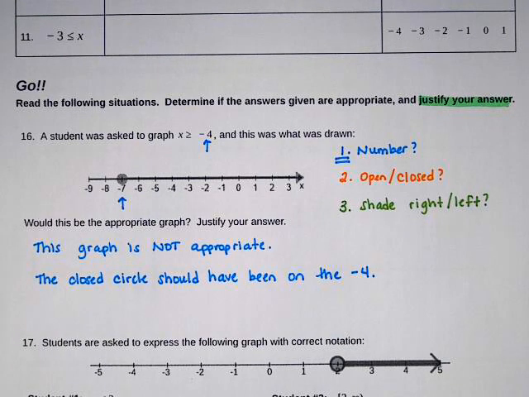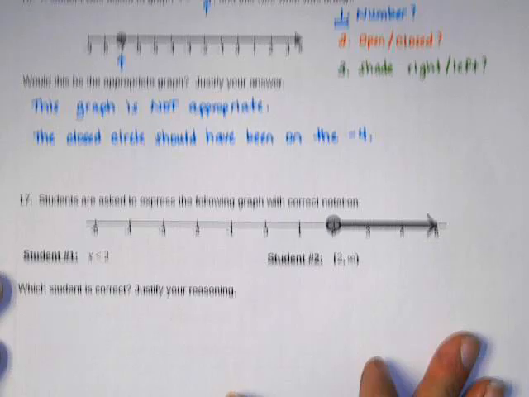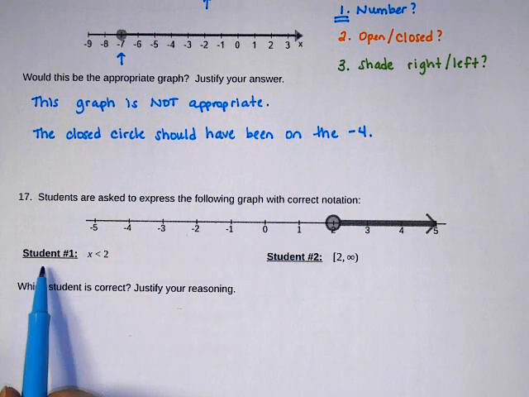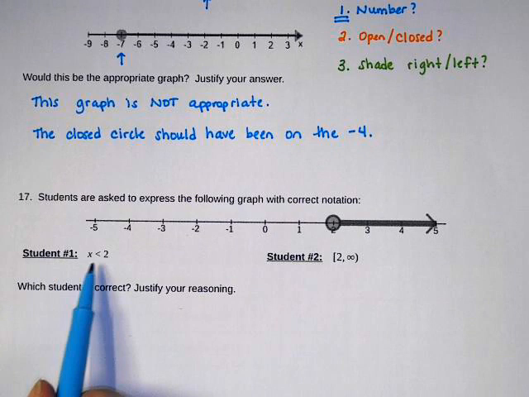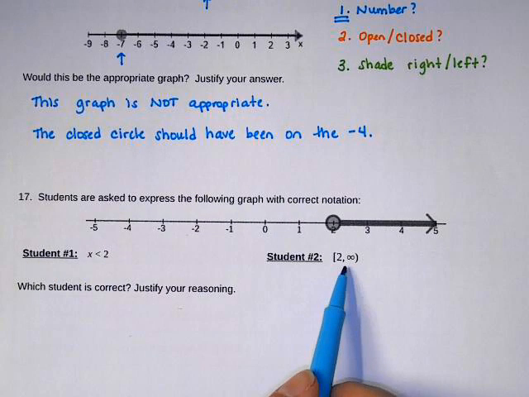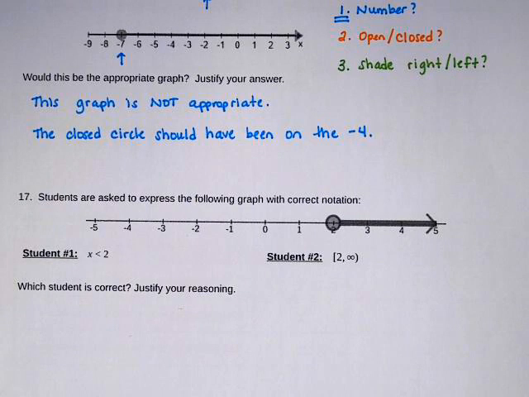Now, a slightly different way that we're going to ask you to justify your answer is in number 17. The students are asked to express the following graph with correct notation. So they're given the graph. Student 1 says that we could write x is less than 2, and student 2 says we could write [2, infinity). Which student is correct? Justify your reasoning.